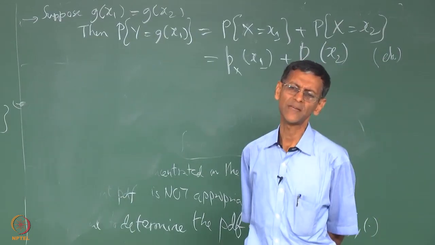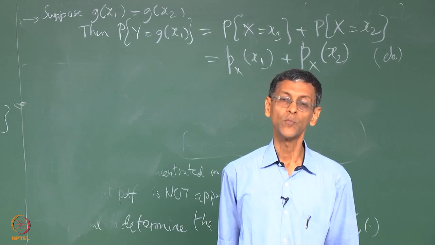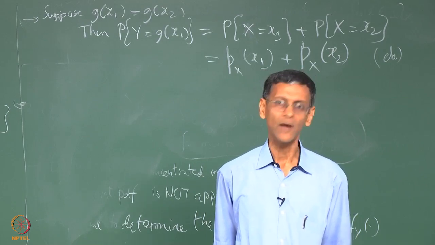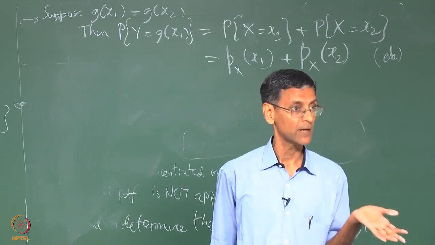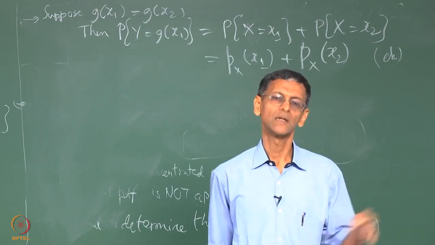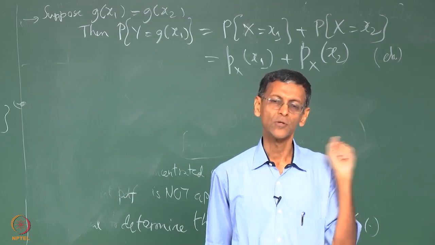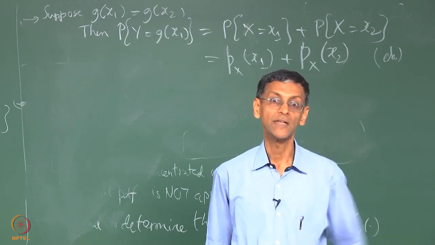This procedure can be repeated as needed for all points in omega y. Once you do it for all points in omega y, you generate the PMF. Remember, you have to do it for every single point in omega y. You do not completely specify the PMF of a random variable till you nail down the probabilities of all the values it can take.